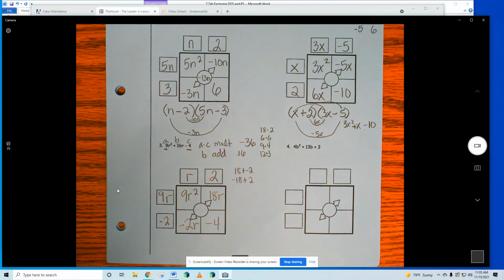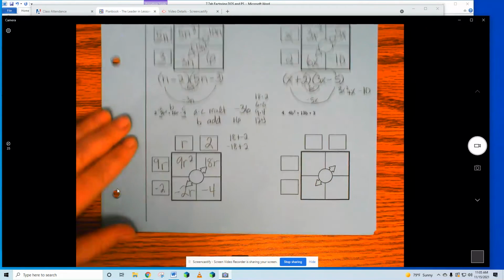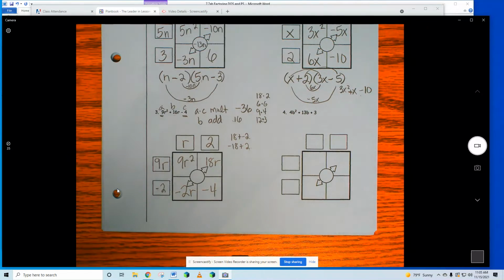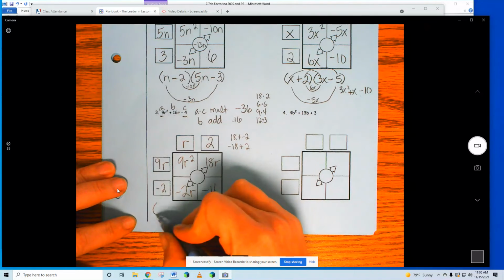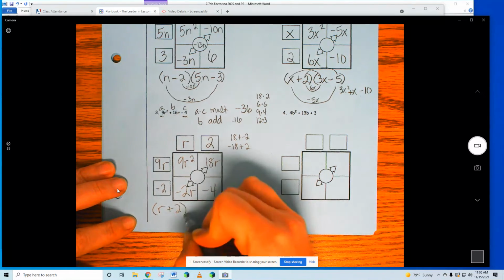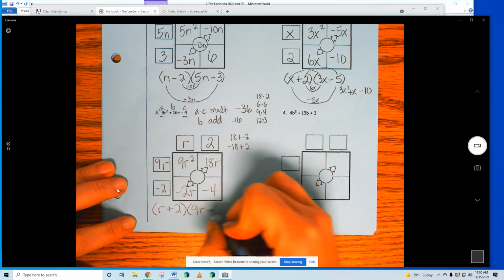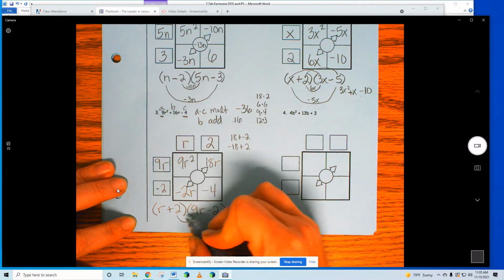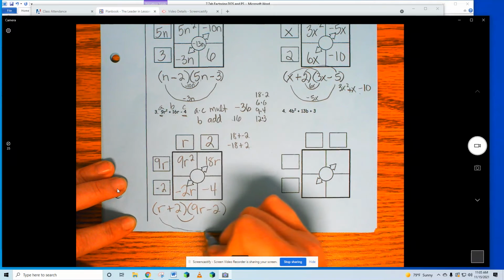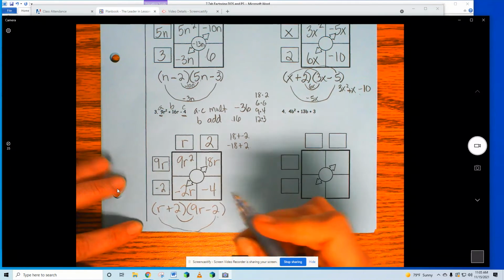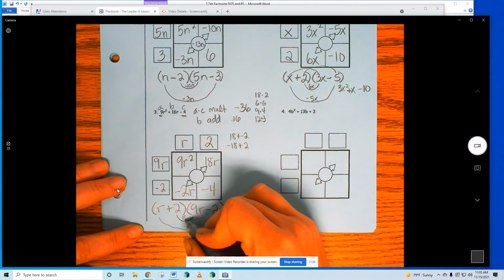So it's kind of looking like I'm able to do the negatives and positives during the problem. So this is a good step for us. R plus 2. Let's just check it to make sure. And then 9r minus 2. It would be 18r and negative 2r.